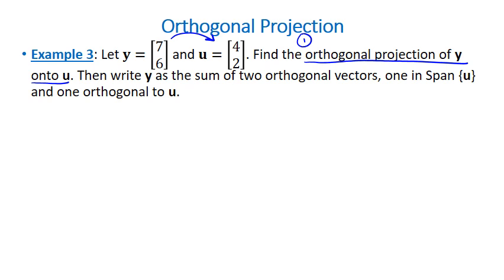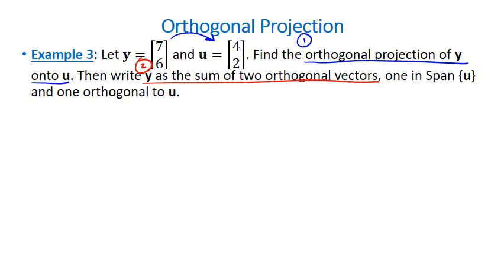That's the first thing we want to do. Once we do that, we want to write y as a sum of 2 orthogonal vectors. One of the vectors will span in u, and the other one is orthogonal to u. Okay, so let's go ahead and get started.